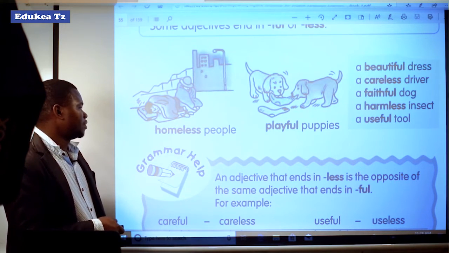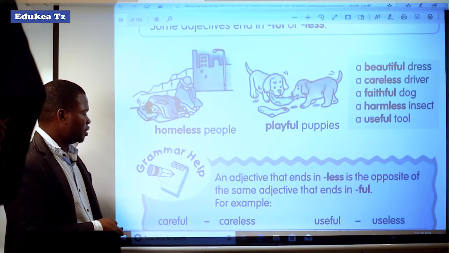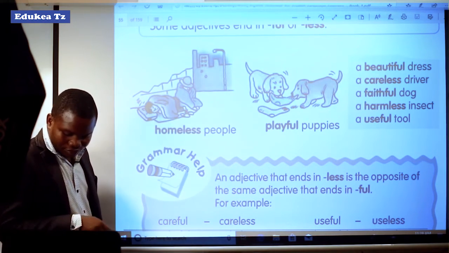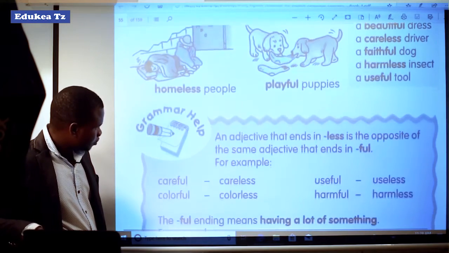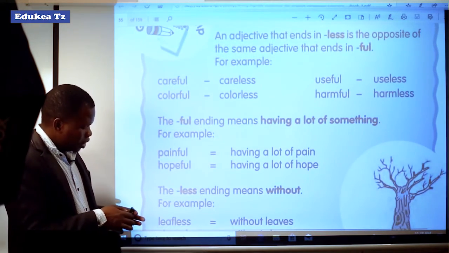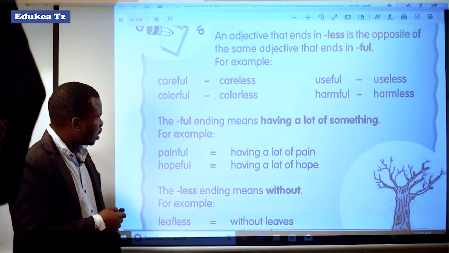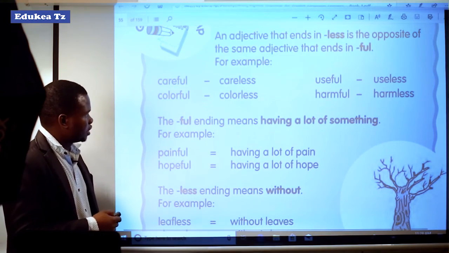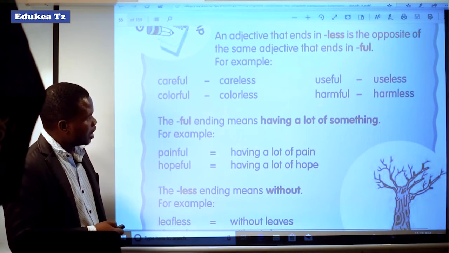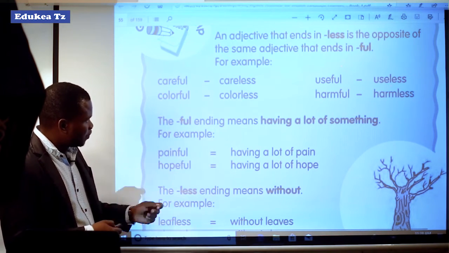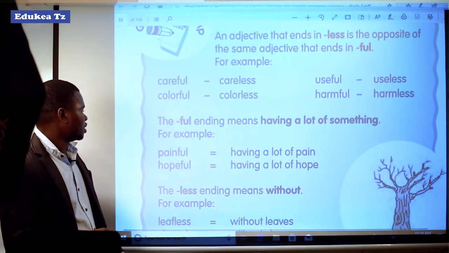An adjective that ends in less is the opposite of the same adjective that ends in full. For example, careful, careless. Colorful, colorless. Useful, useless. Harmful, harmless. That is to say, full and less are opposites.